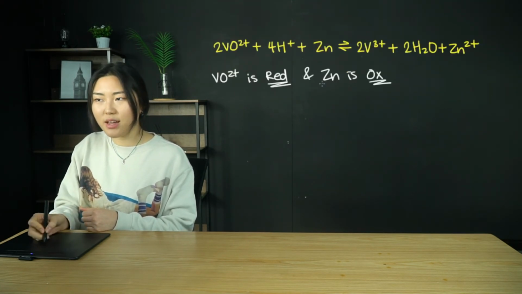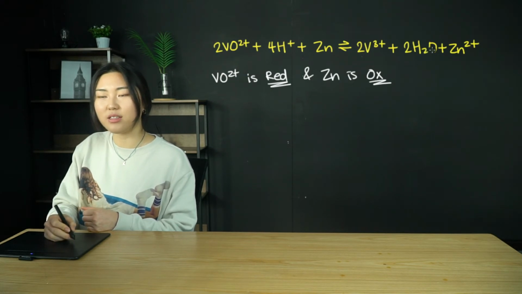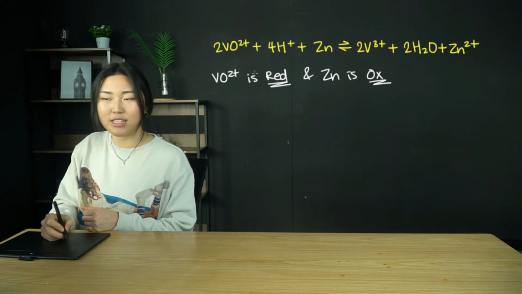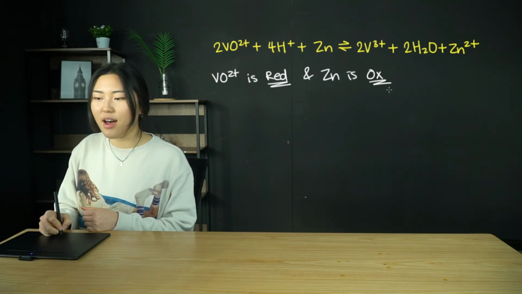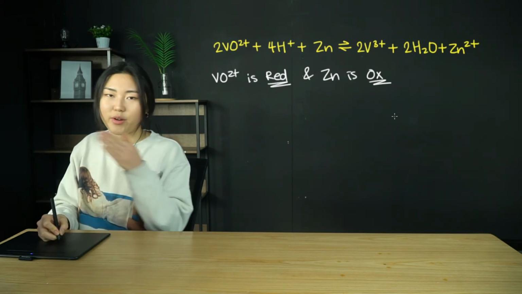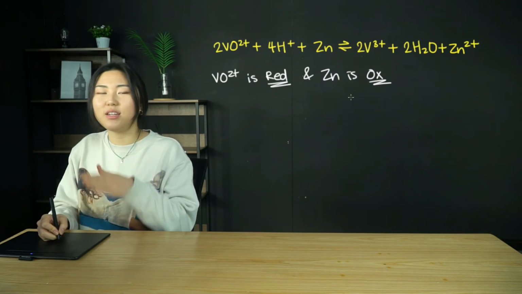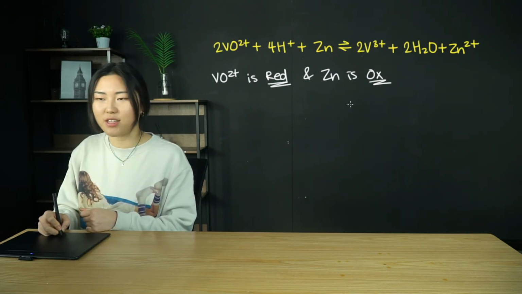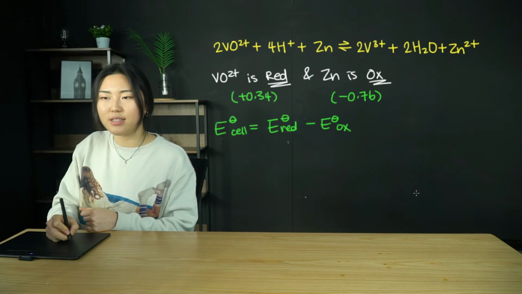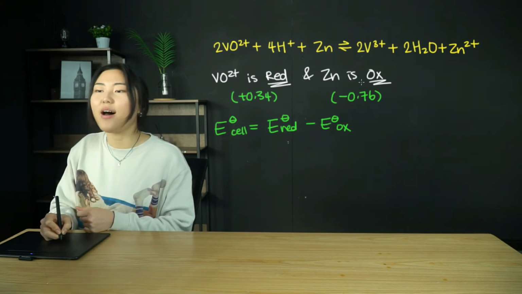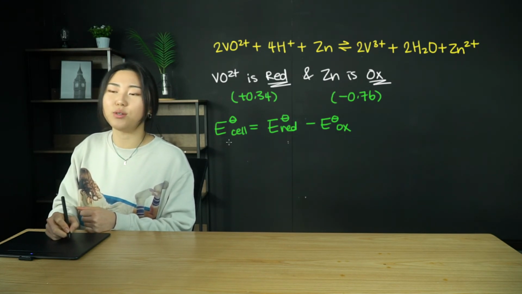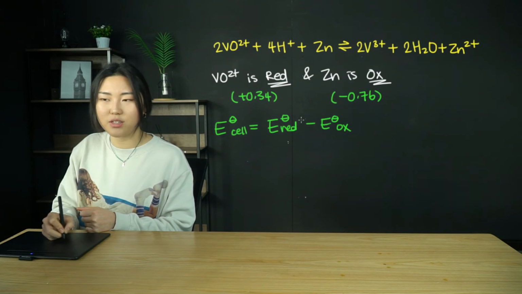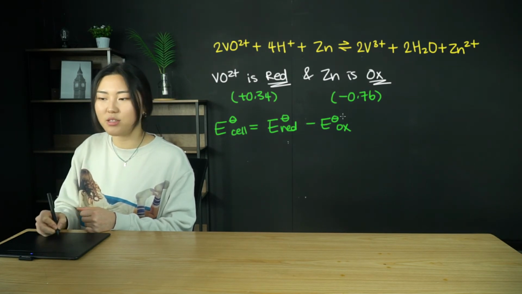So with this deduced, now we know that the VO2+ is being reduced and the zinc is being oxidized, right? So again, we're going to use the formula to calculate the cell potential. So this had the value of +0.34, minus 0.76, and we have the cell potential, which is equal to the reduced potential minus the oxidized potential.